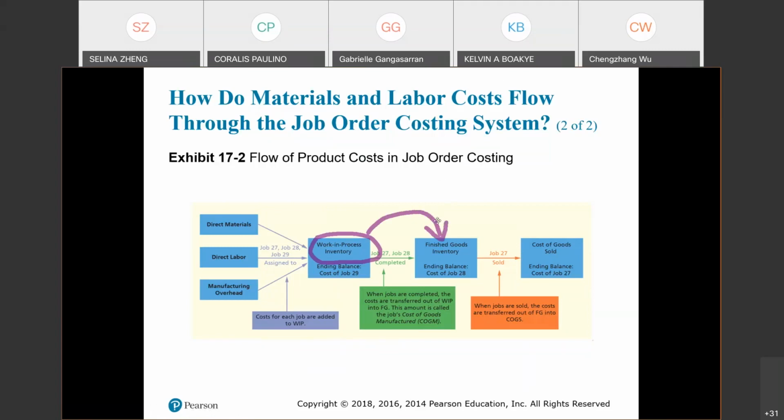And once this part is sold to the customer, it transfers from finished goods to COGS, cost of goods sold.